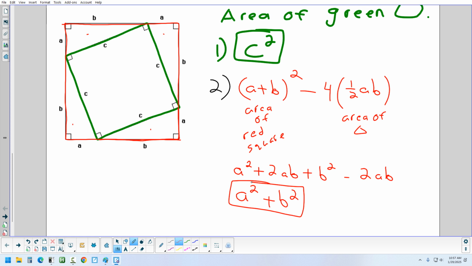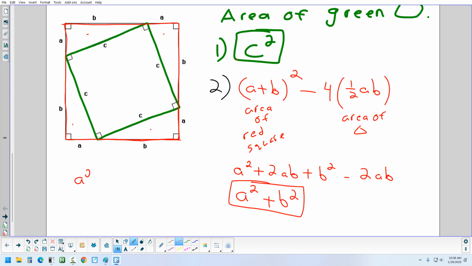So now, what can I do from here? Yeah. Set the C squared equal to A squared plus B squared. Yeah. C squared is the area of the green square. A squared plus B squared is also the area of the green square. Since they are the area of the exact same thing, they must be equal to each other.